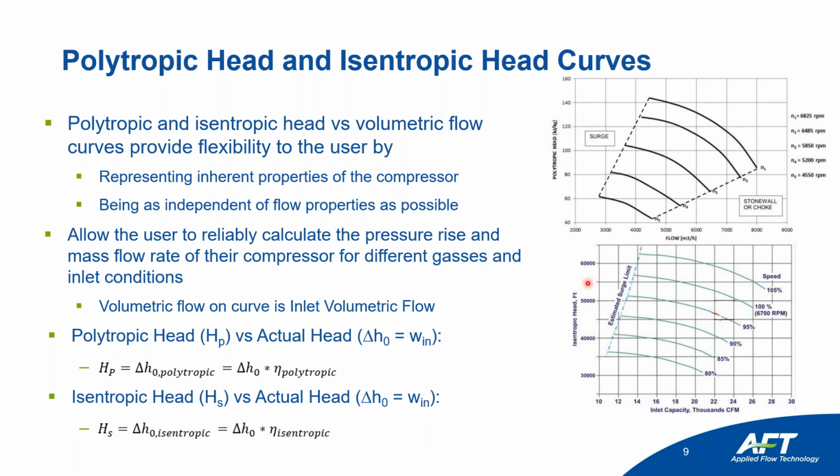And when the manufacturer provides an isentropic head curve and an efficiency curve, then that will be the isentropic efficiency. Same thing for the isentropic head. It's just that stagnation enthalpy rise for an isentropic process, and it's the actual stagnation enthalpy rise multiplied by the isentropic efficiency.